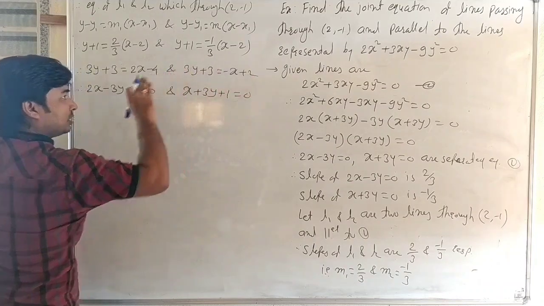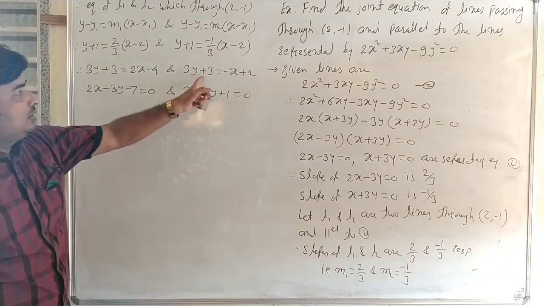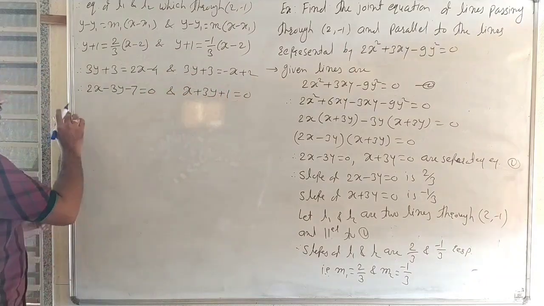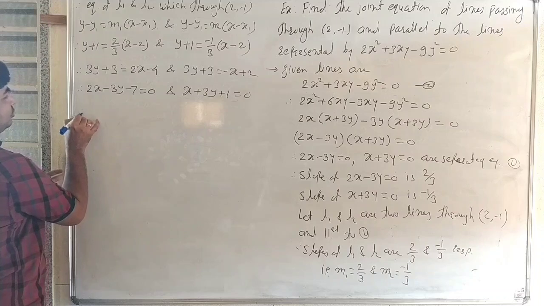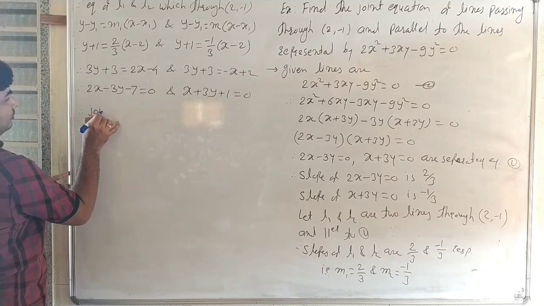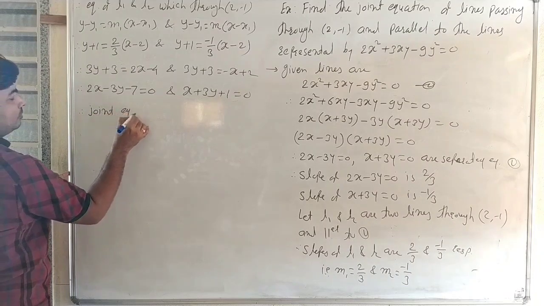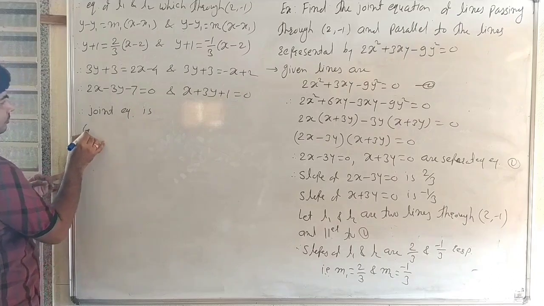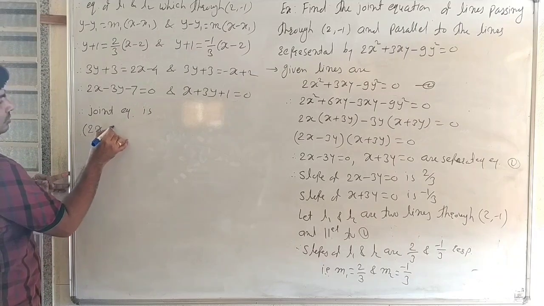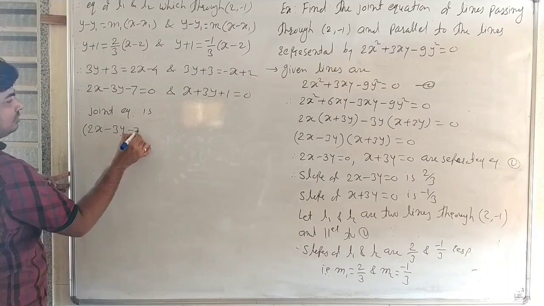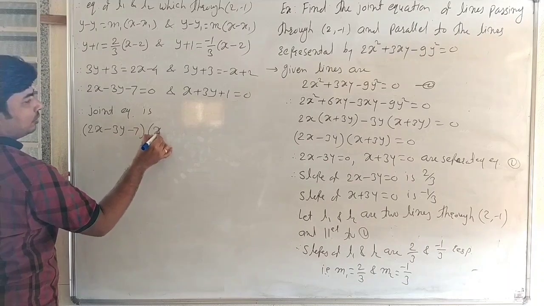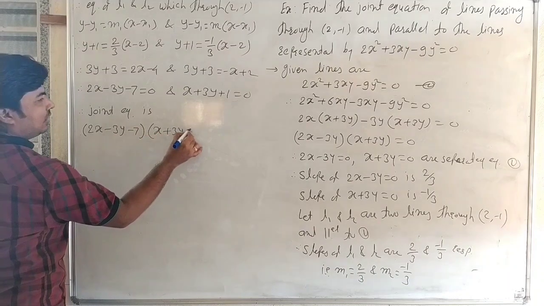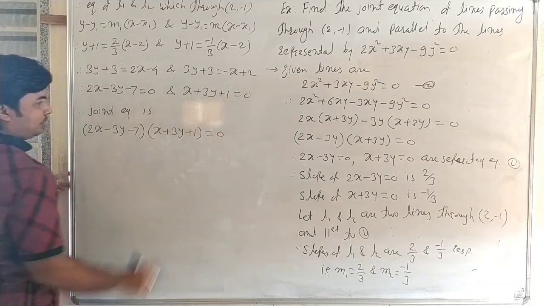Here 2 becomes minus 2, that is 3 minus 2, it is 1. These are the equations of the lines. Therefore the joint equation is 2x minus 3y minus 7 into x plus 3y plus 1 is equal to 0.